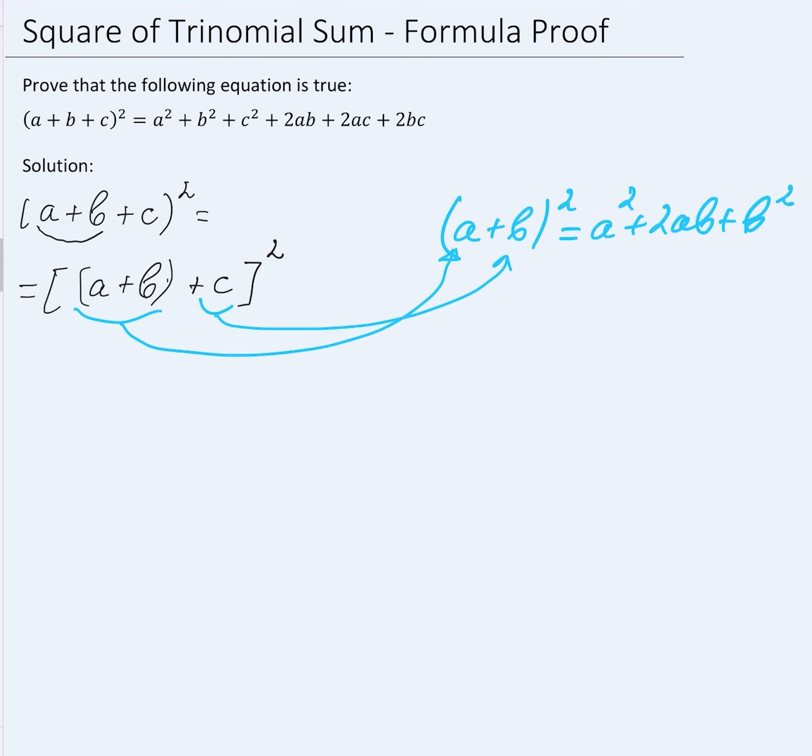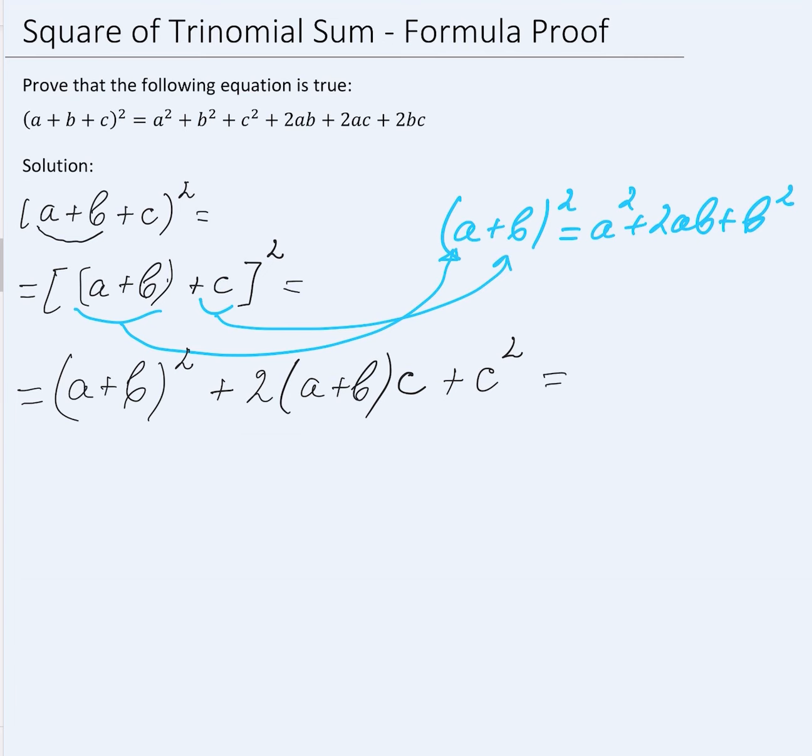In other words, this will equal (a + b)² plus 2 times (a + b) multiplied by c, plus c². When we apply this formula, this is what we get.